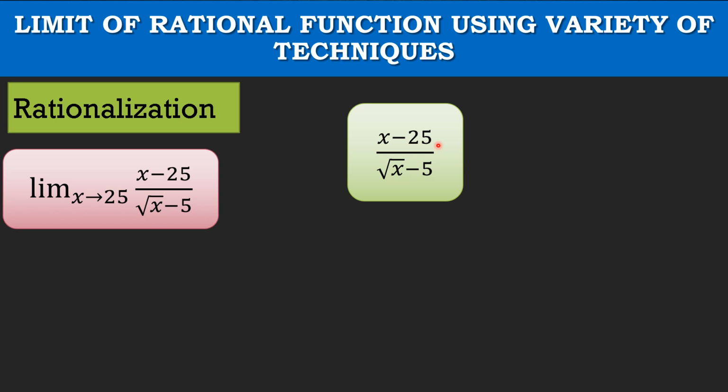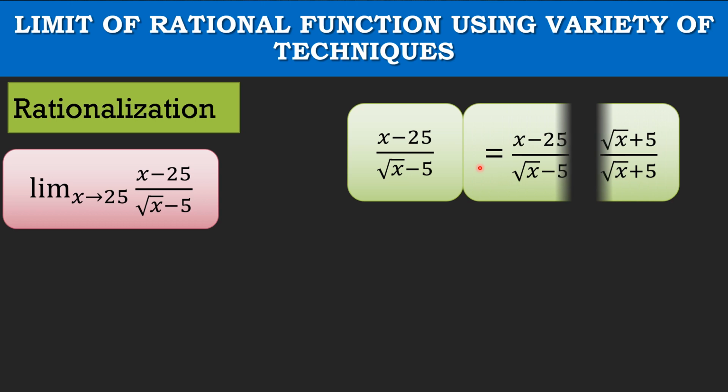The answer is still the same. Hindi maaapektuhan yung mismong expression. So dito, titingnan natin yung denominator. So you need to copy the square root of x, then change the sign into its inverse. So instead of negative, magiging positive 5. So yun yung expression na gagamitin natin.